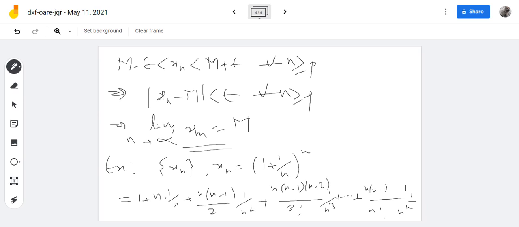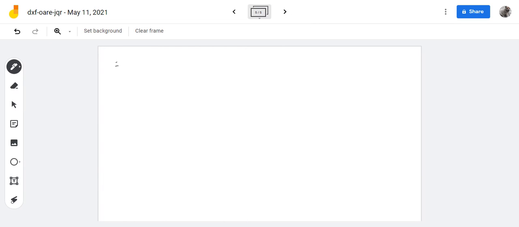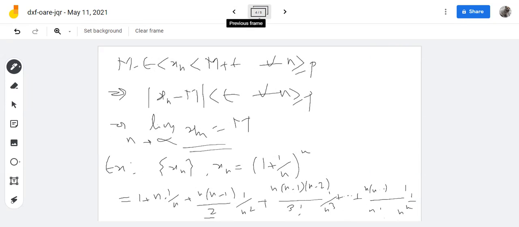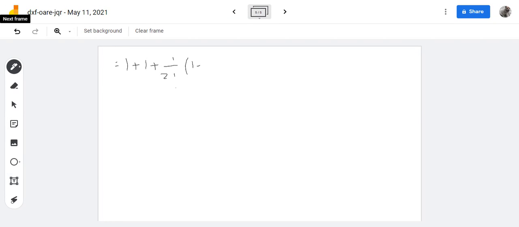This is the binomial expansion. So if you simplify it, this is 1 plus 1 plus 1 by factorial 2, 2 is factorial actually. So n square, if you take out, n gets cancelled. So this is 1 minus 1 by n.